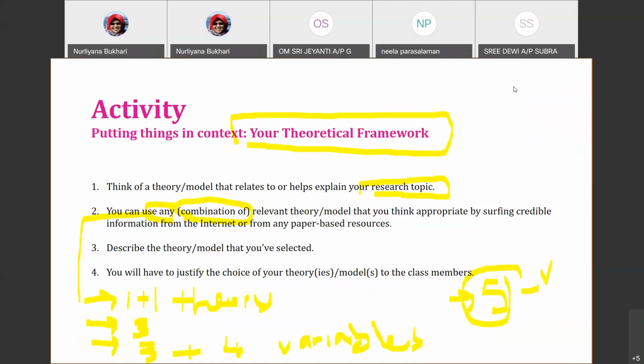Okay, Madam Nila is chatting. Teori yang dapat dilihat dalam 10 artikel yang kami dapatkan? Yeah, if possible, Madam Nila, if you can look at the choice of your articles now, and I told you when I gave assignment 1, your 10 articles will definitely expand. So right now, look at the 10 articles.